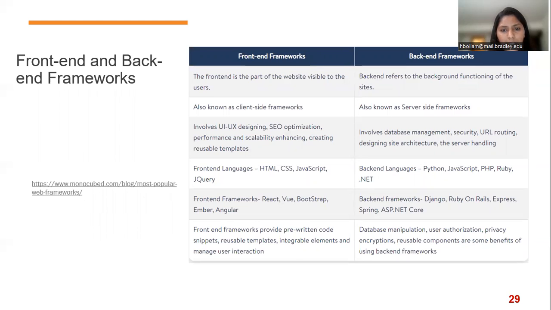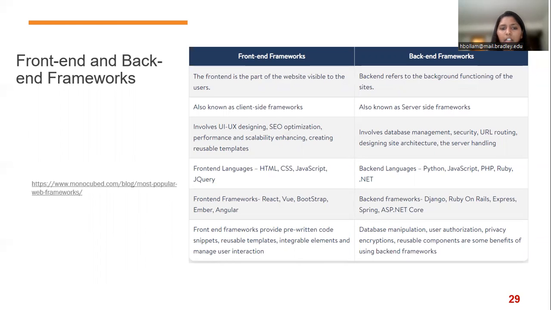Front end frameworks are like React, Vue, Bootstrap, and they support front end languages like HTML, CSS, and JavaScript. In the same way, backend frameworks are like Django, Ruby on Rails, Express, which support server-side technologies like Python, JavaScript, and Ruby.